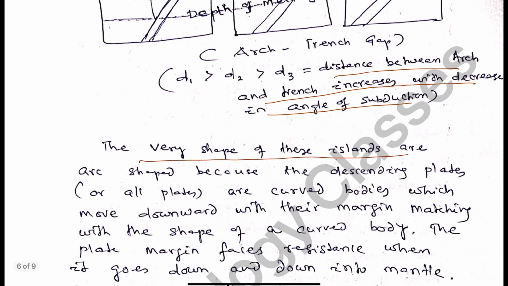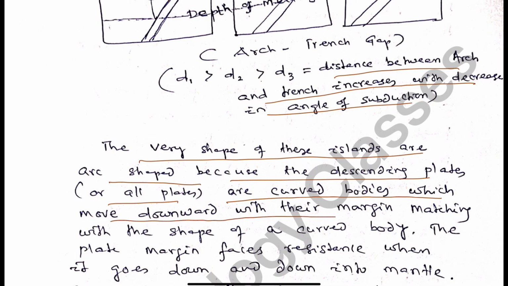The very shape of these islands is arc shaped because the descending plates, or all plates, are found to be curved bodies which move down with their margin matching the shape of a curved body.